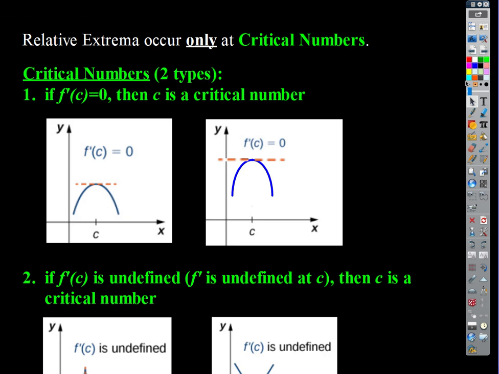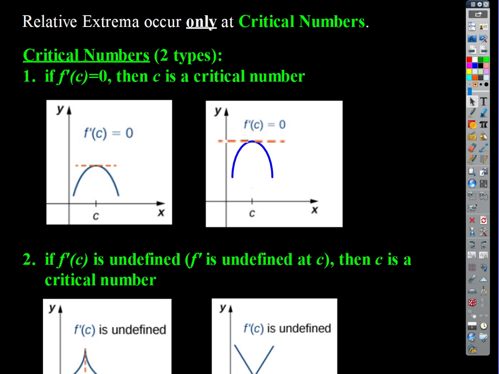Okay, so this tells us something important. This gives us a new important definition. So we'd say that the places where curves do one of those two types of things, where they either have sharp peaks or valleys, or smooth peaks or valleys, we call those places critical numbers. Okay? And furthermore, we even figured out where we would look for those.